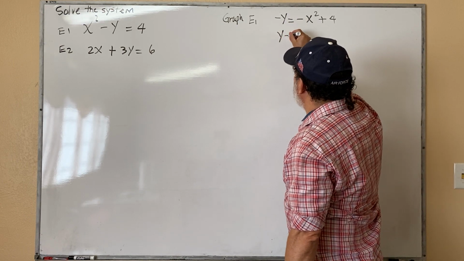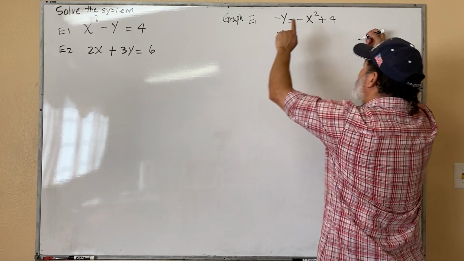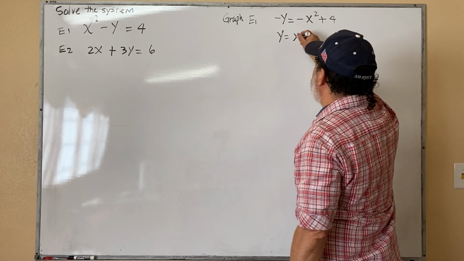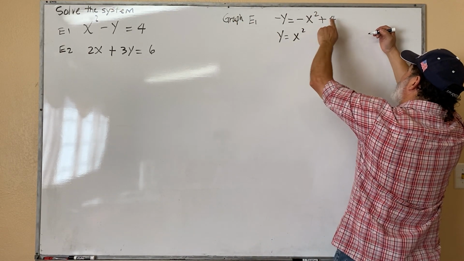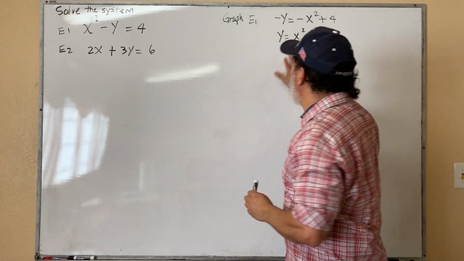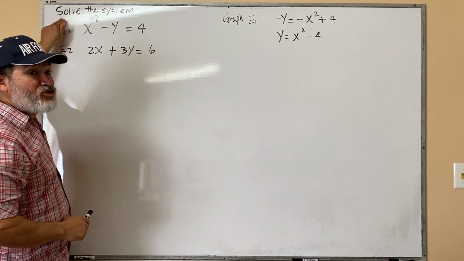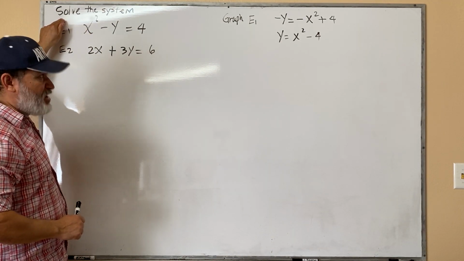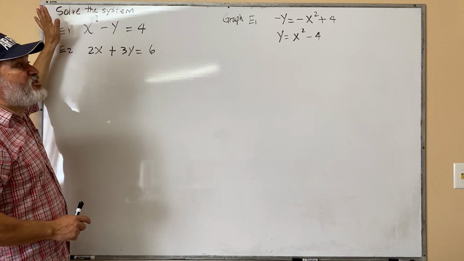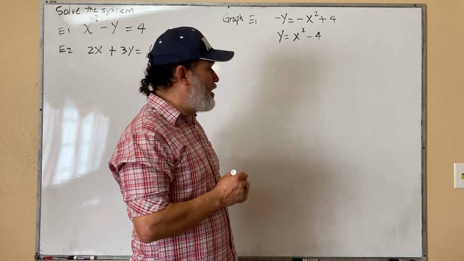So y equals x squared, and multiplied by negative, minus 4. That's a parabola. So this is no longer a linear system. It's a system of equations, but it's no longer a linear system because this is not a line.